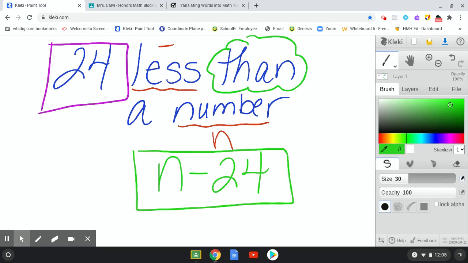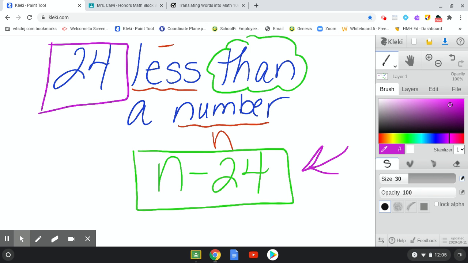The one thing you have to know, order matters, okay? n minus 24 and 24 minus n would give you two totally different answers. If you do not have this written correctly, it is going to be wrong because you would get a wrong answer.